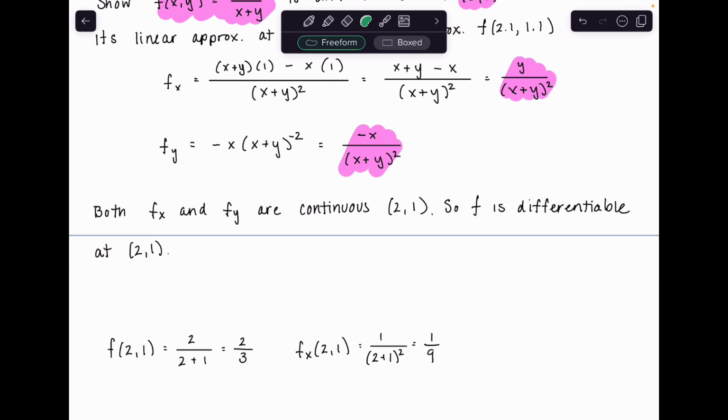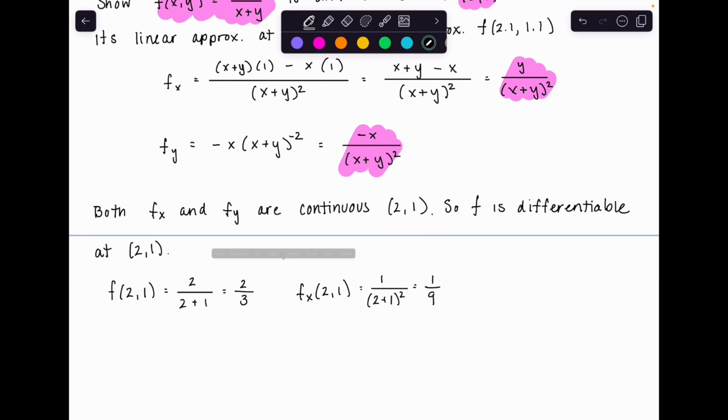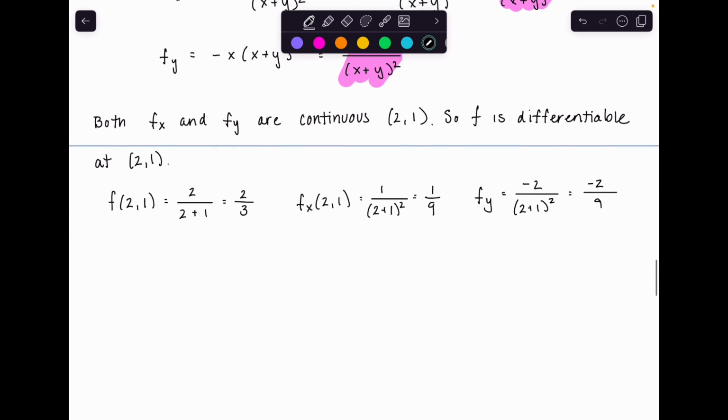Move these over a little bit to find the partial with respect to y. Plugging in these values, that's negative x over (x plus y) squared. So that ends up being negative 2/9. So I have everything I need.